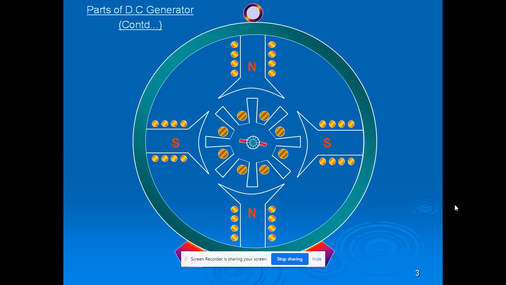Now here we can see the various parts of DC generator. This is the hook, also called an eye bolt. This eye bolt is used for transporting the machine from one place to another, that is, for easy transportation.